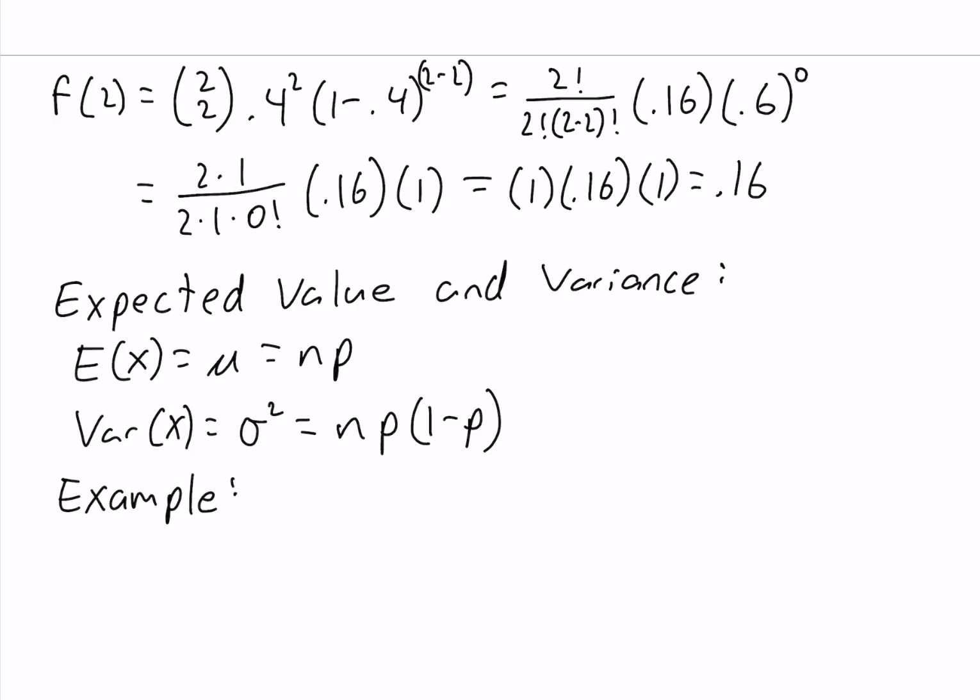So in our example, n was equal to 2 and p was equal to 0.4. So the expected value is 2 times 0.4, which is equal to 0.8.